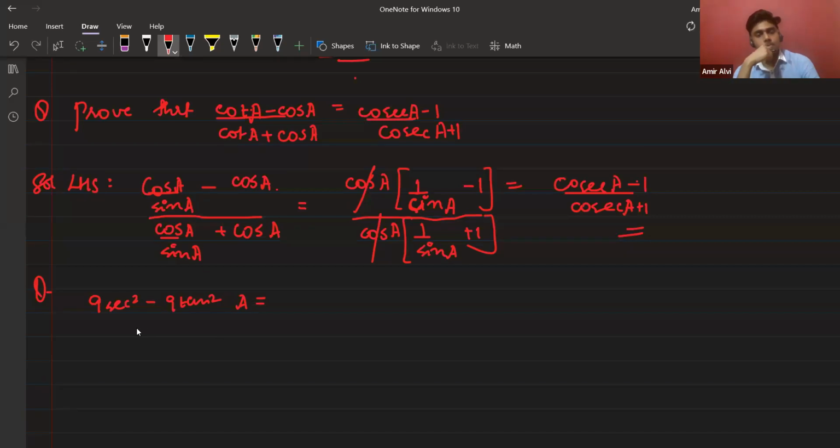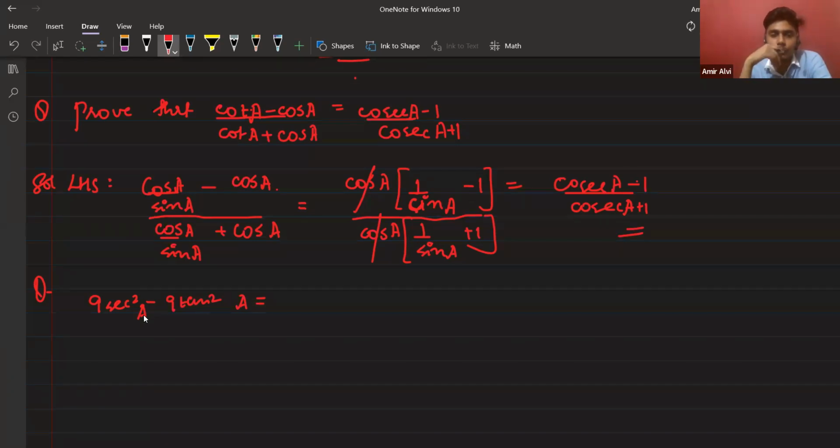So it's just 9 sec square A minus 9 tan square A. So as usual we have to convert it to cos A and sin A. No need to convert it. It's directly an identity.